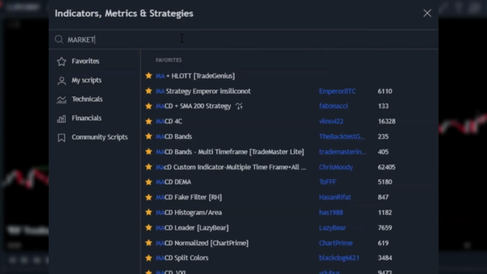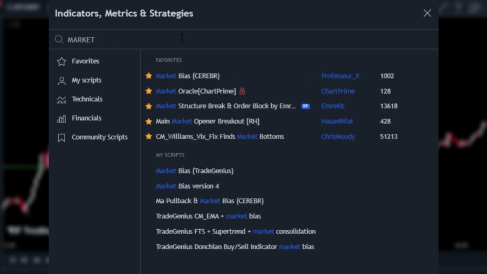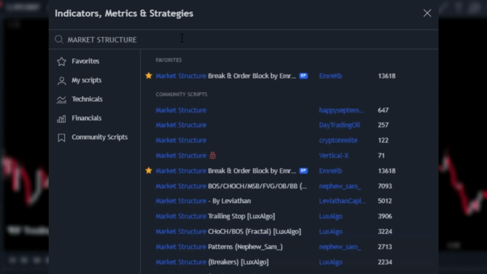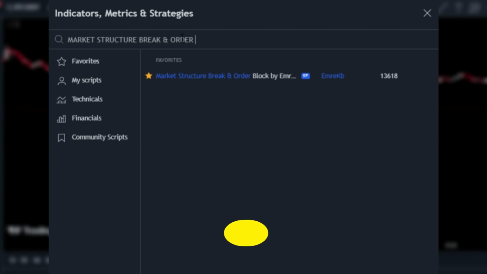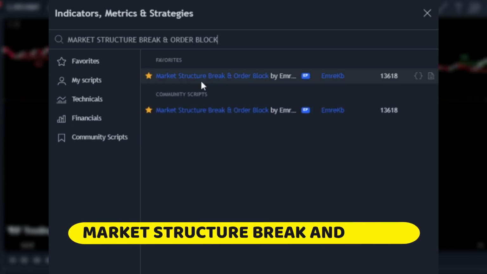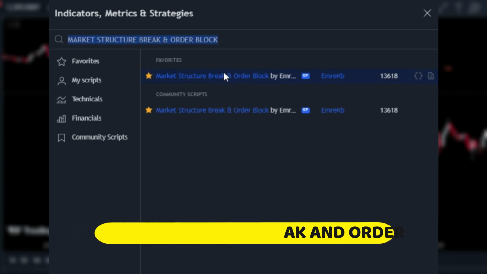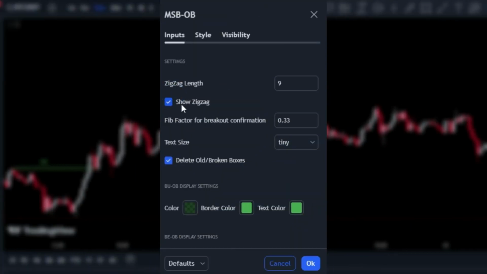First, let's add the market structure break and order indicator. After that, let's make a few optimizations.